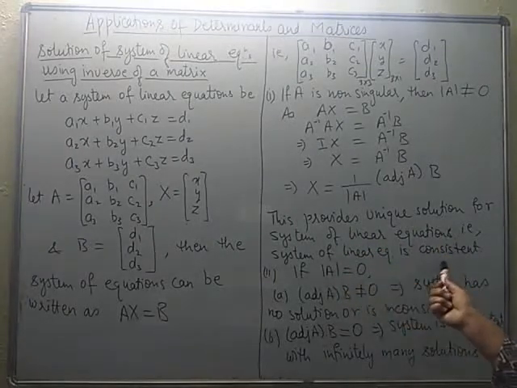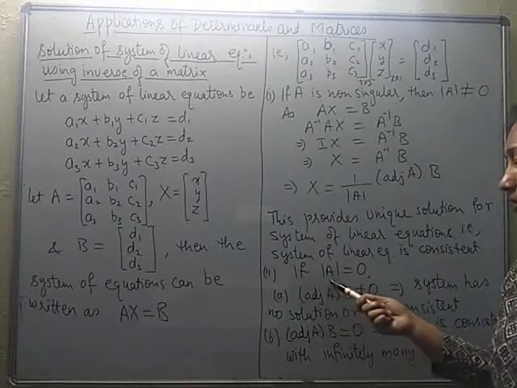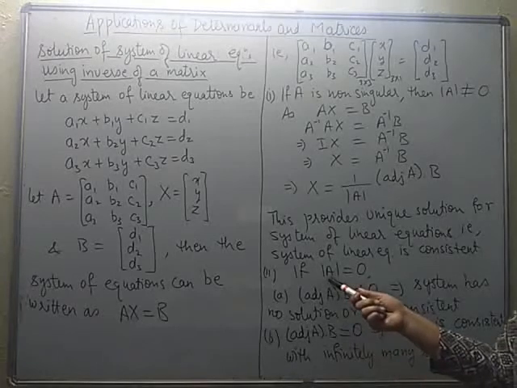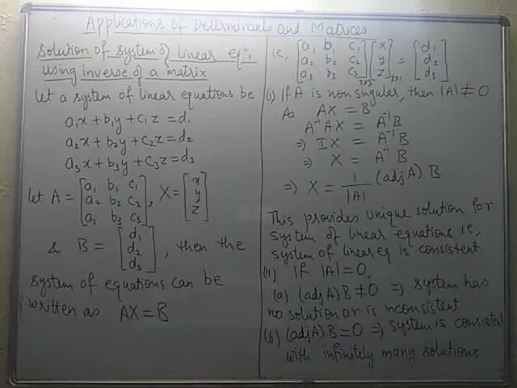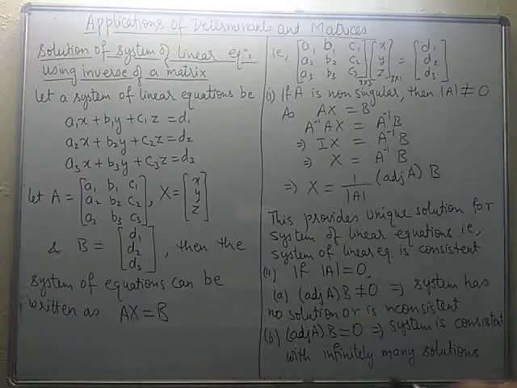Therefore, we call this system consistent because it is providing us with the solution. Now let us quickly discuss another condition. If the determinant of A comes out to be 0, then there are two possibilities. Either the system will be inconsistent, that means it has no solution, or the system may be consistent but with infinite solutions.